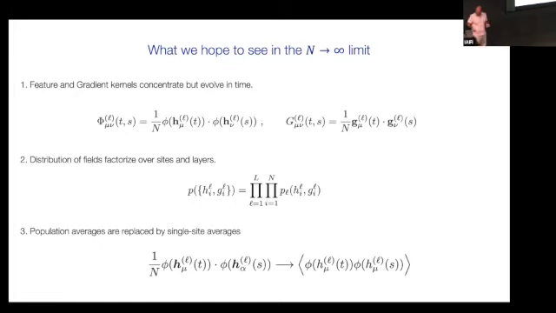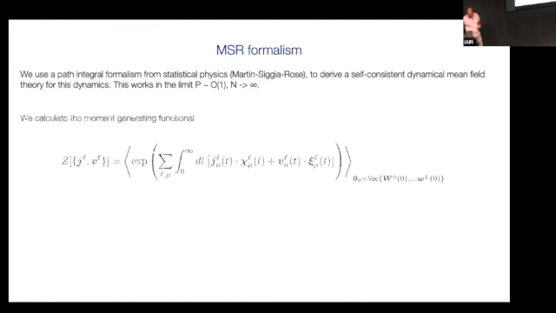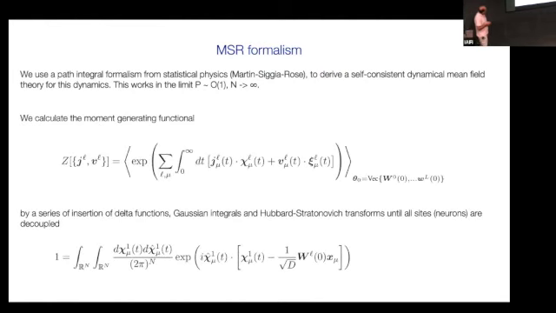Okay, and the way we see this happen is through, just one slide about this for this audience, a path integral like formalism. In statistical physics, this is the Martin-Siggia-Rose formalism. So what you do is you introduce a generating functional for some of these fields, and you try to average them across initializations.